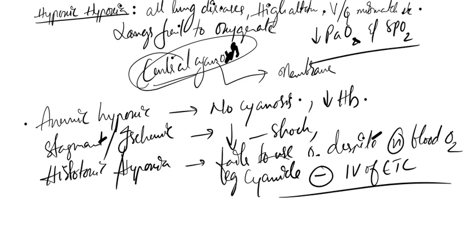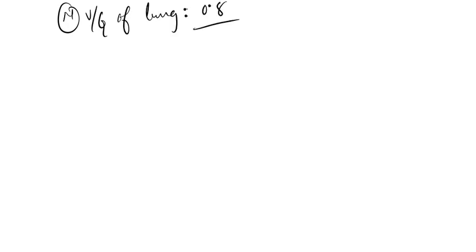Now if you ask me what is the normal VQ ratio of the whole lung, it will be something like 0.8. You may ask, sir, you said ideal. See, I was telling about the ideal previously. This one is the normal VQ ratio of the whole lung. But if you ask me the VQ ratio at the apex of the lung, then it is 1.3. Why is it maximum at the apex?